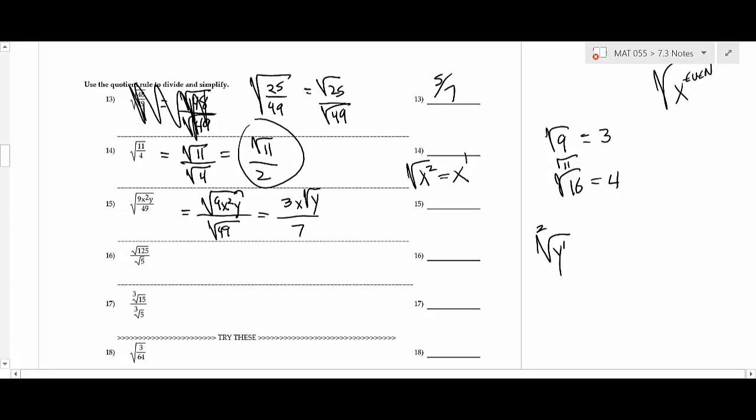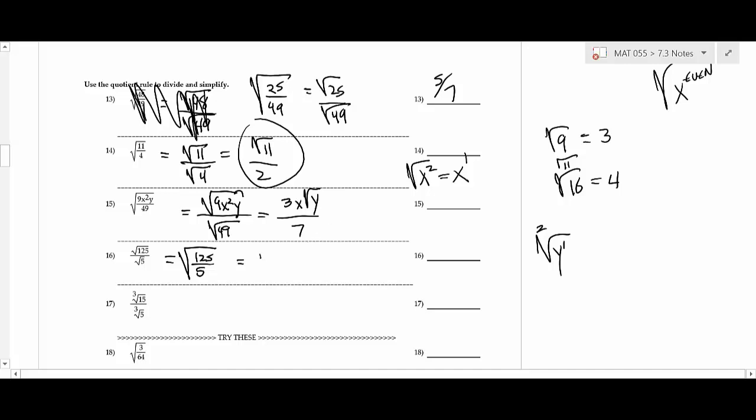Okay, so this problem right here, what you want to do on this is you want to do this backwards. I have two radicals, right? Well, I can put it in one radical, just kind of backwards of what I was just showing you. So let's just write one radical, and let's do 125 over 5 like that. Okay, you can do that. That's the property. Now, if you want to take your calculator, if you need to, you could take 125 divided by 5.